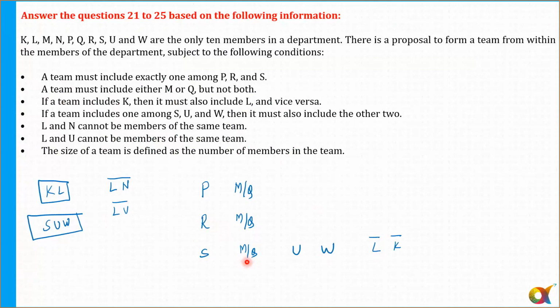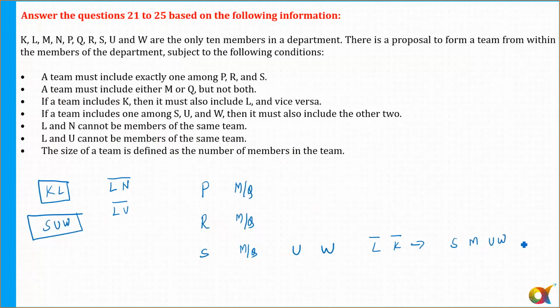And what about N? Can N come in the third case? Yes or no? Is there a possibility? Yes, there is a possibility. So N may be there or may not be there. So I can say there are 2 different possibilities here. S, M, then U and W, and with them N can be there.